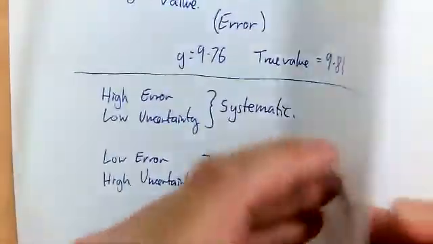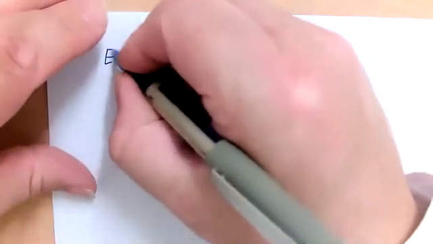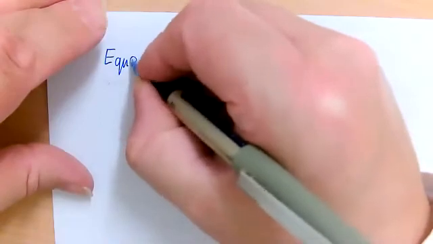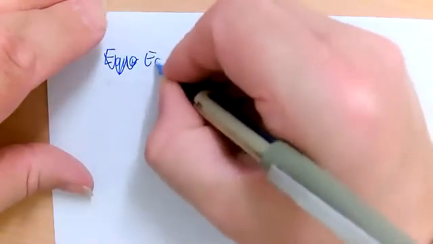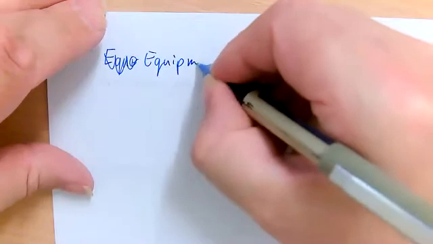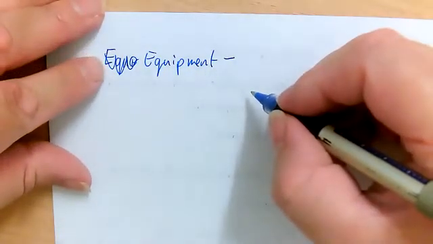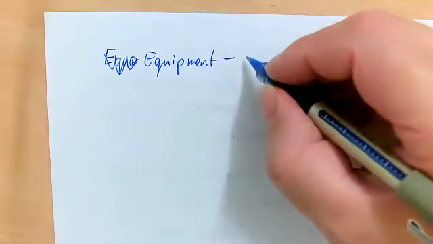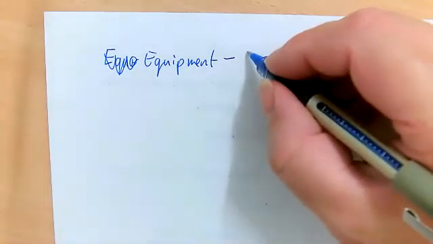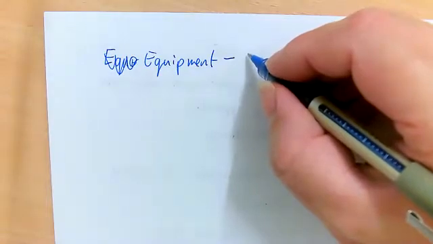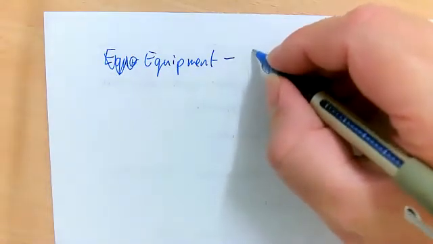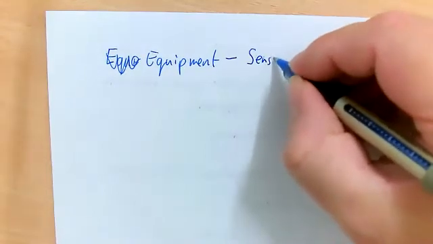The other aspect to uncertainties is down to the calculation of them. To get the absolute uncertainty for equipment, that will be the sensitivity of the apparatus.